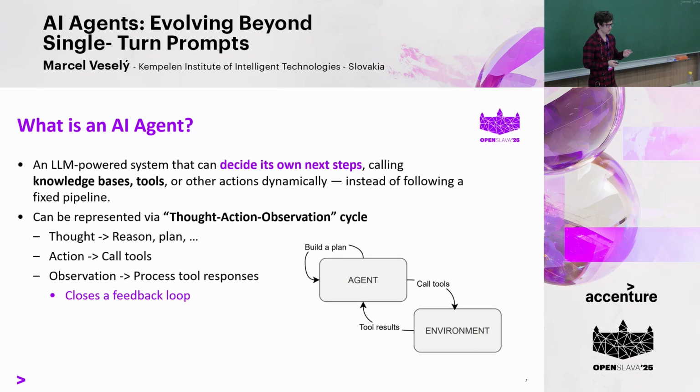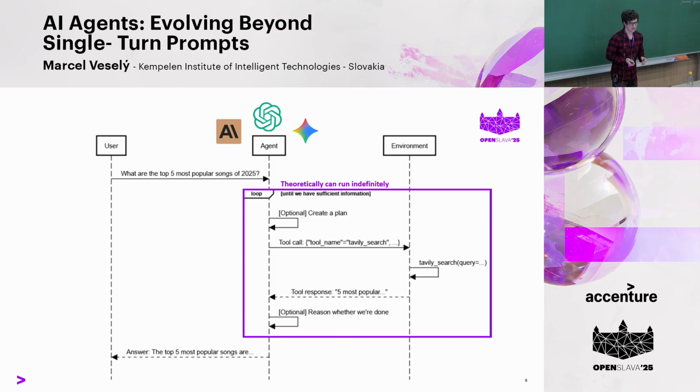And then, based on those, it can be conditioned whether it wants to further continue or not. Because as you can see, there's an actual loop between an agent and the environment. And so this potential loop that I've just highlighted can theoretically be run indefinitely.